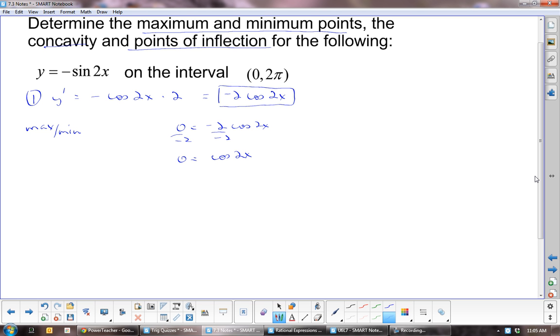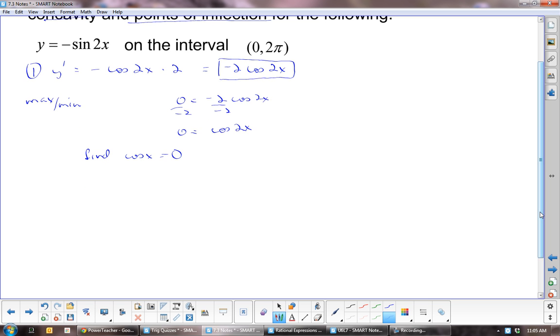Now, this is back to the objective we did a couple days ago, where this is cos 2x, not cos x, right? So there is a horizontal stretch of a half done here. So let's find when cos x equals 0. Okay, so this is a good review of this.